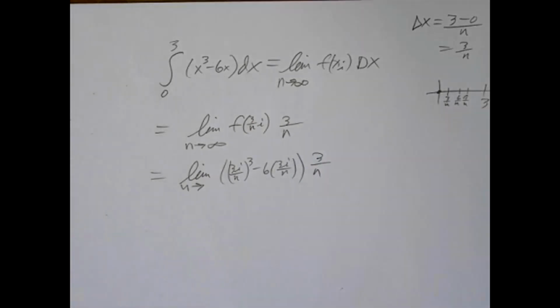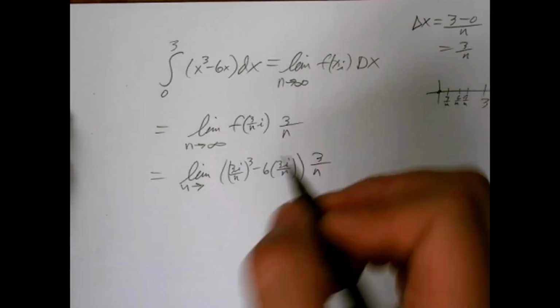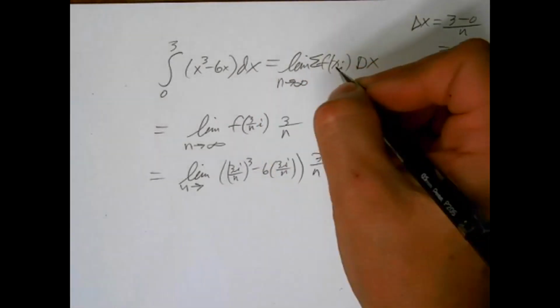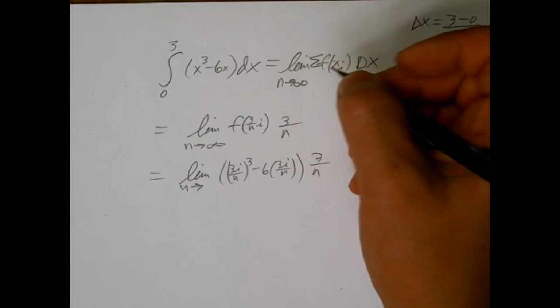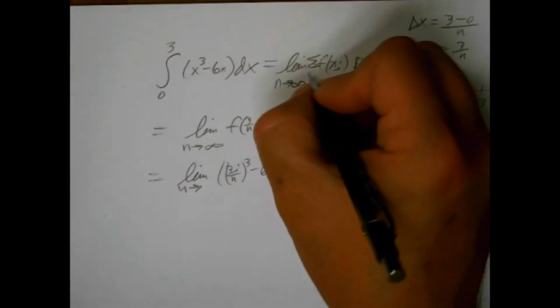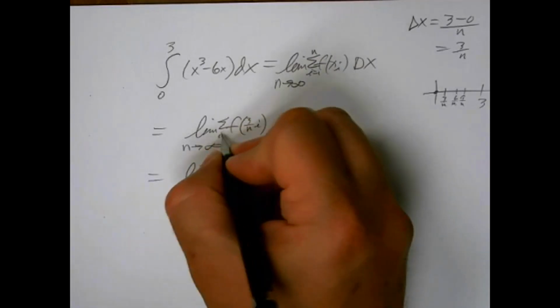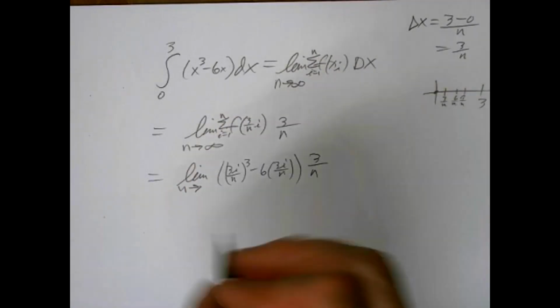Okay, now we're taking a, and I dropped the summation. Sorry, I just dropped my summation notation. Completely lost it. Summation for i equals 1 to n. Just forgot to write it down.